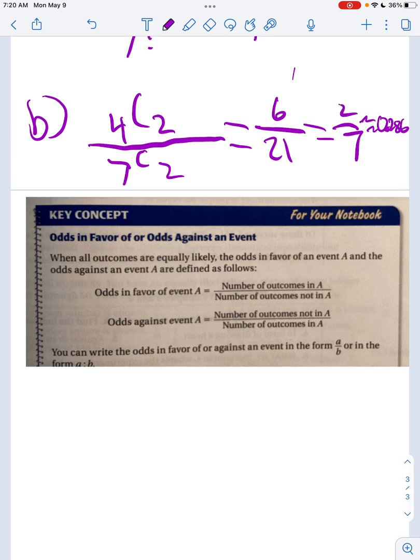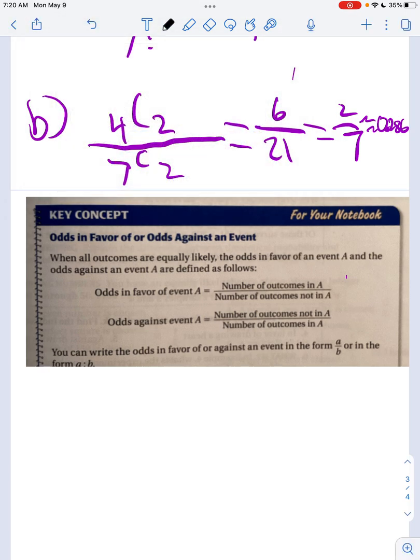If I'm looking for the event, I divide by the number of events, and if I'm not looking for the event, I divide by the times that it doesn't work. Sometimes you might only have certain pieces of information, so to find how much it does not equal, you might take 1 minus whatever the odds of it happening were, and whatever's left gives you what you need. So let's say a card is drawn from a standard 52 deck of cards.